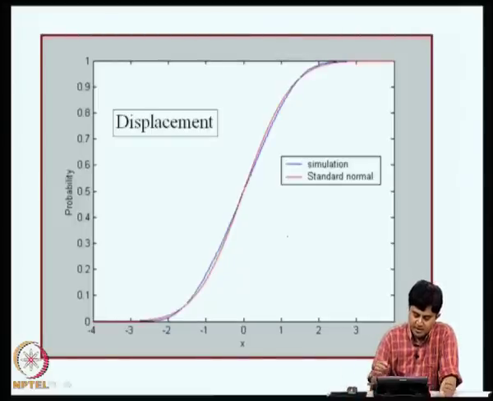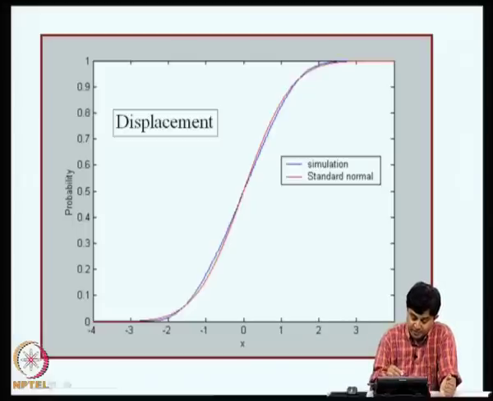This is the comparison of simulations on the probability distribution function of the displacement in the steady state, blue line. The red line is a standard normal random variable. For the displacement process we have removed the mean and divided that quantity by the standard deviation, so in that sense it is normalized.